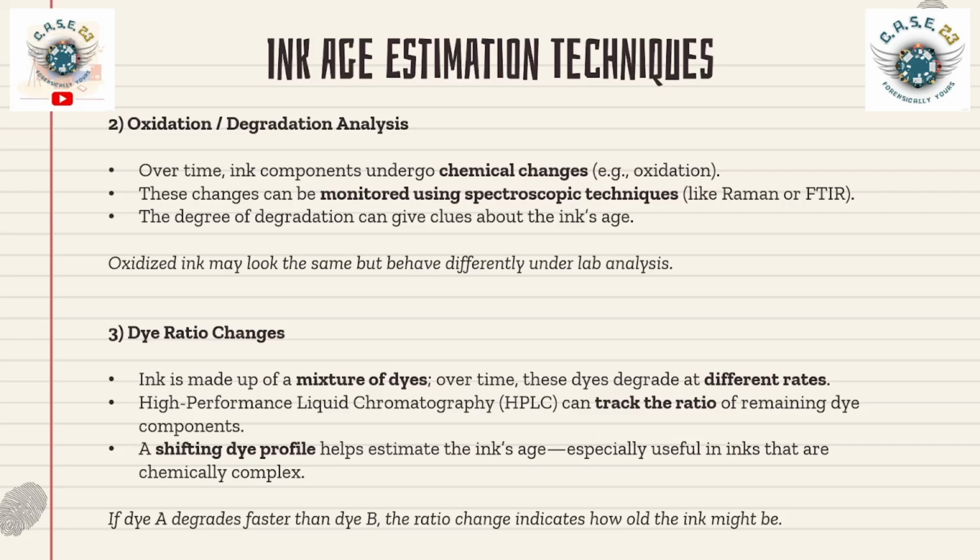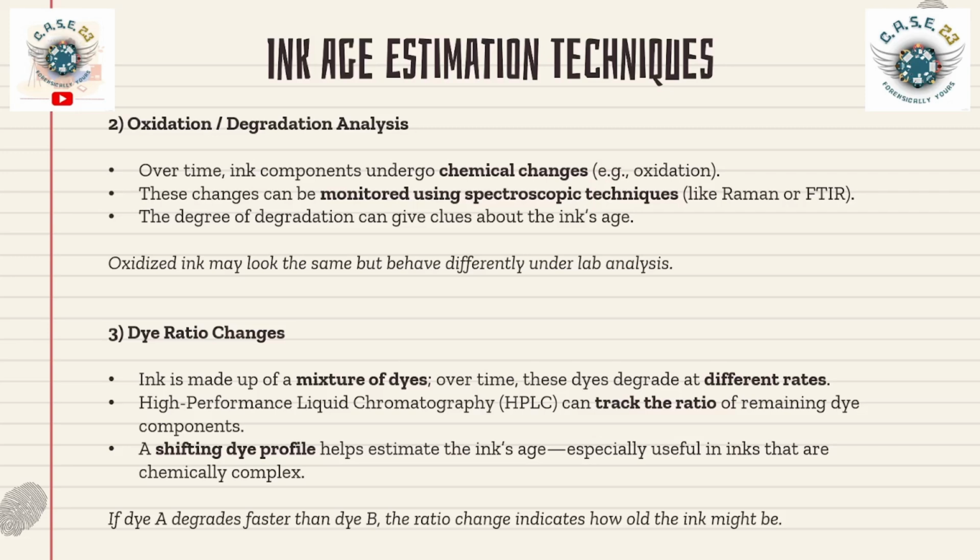And then the third technique is dye ratio changes. Now this is another clever method, like the other two. Most inks are not made from just one dye, basically one color. And here's the thing, not all dyes degrade at the same speed or at the same time. With time, some dyes fade faster than others.